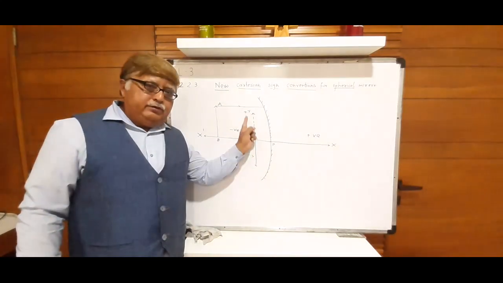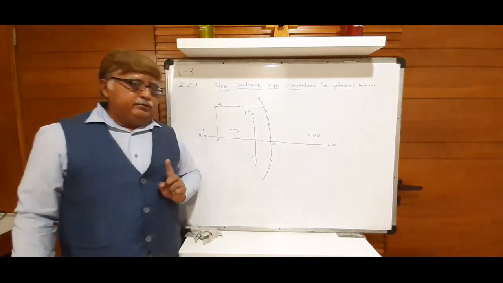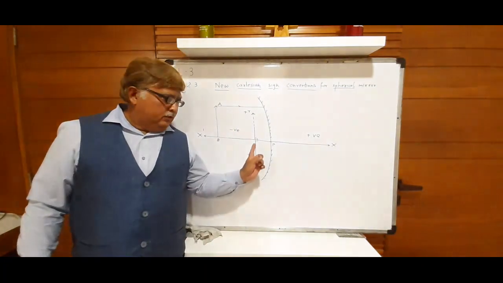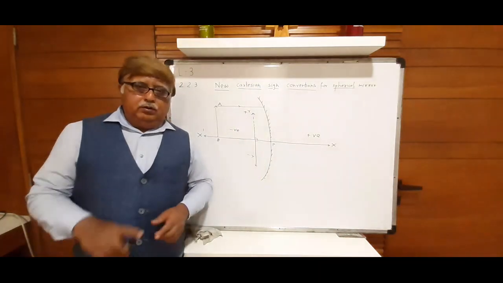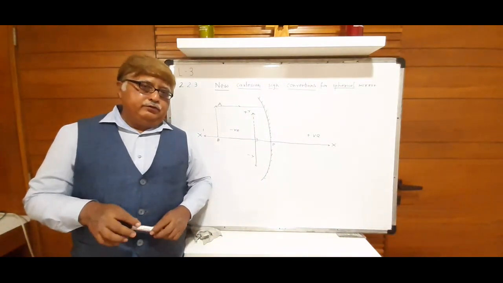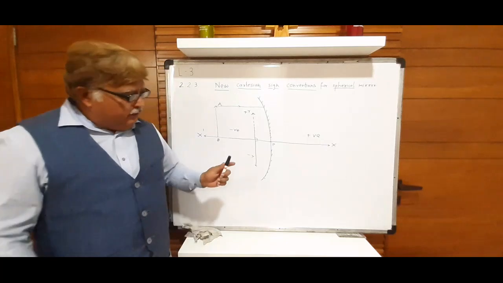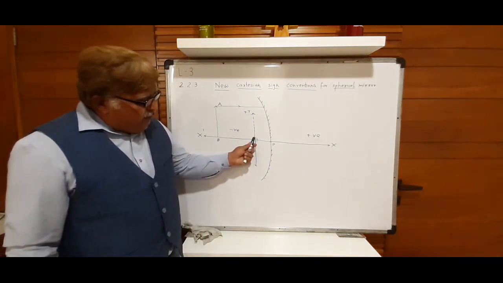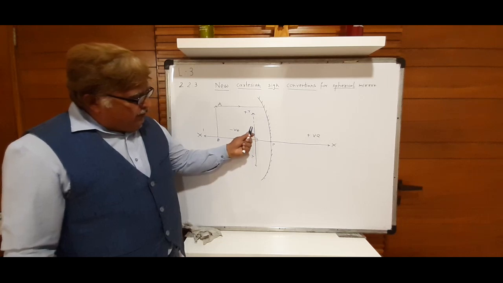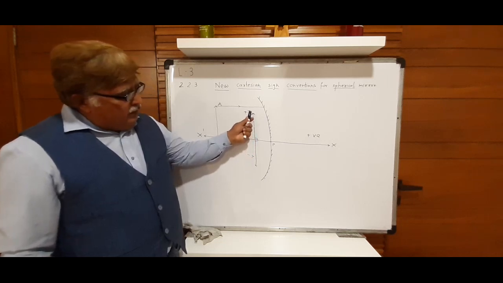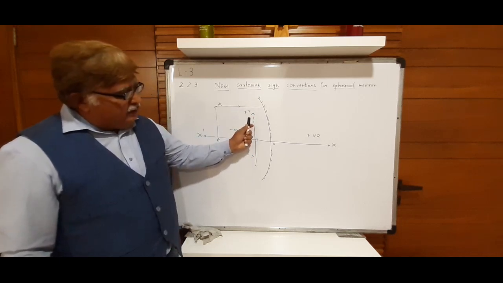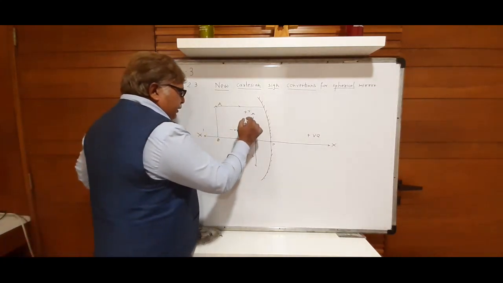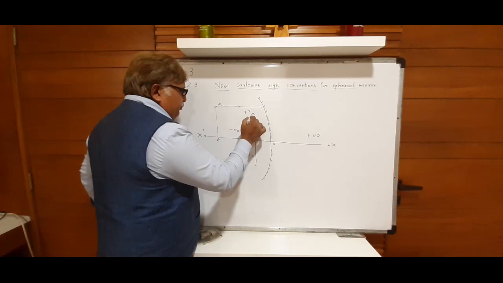Rule number 4, all distances measured perpendicular to principal axis in upward direction, means in positive y direction, are taken as positive.